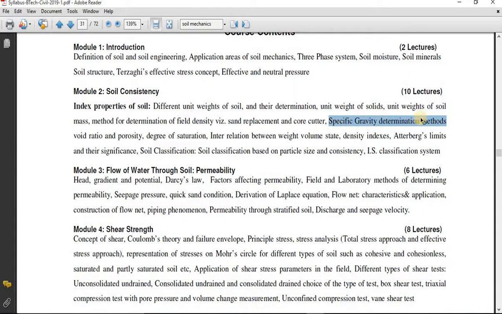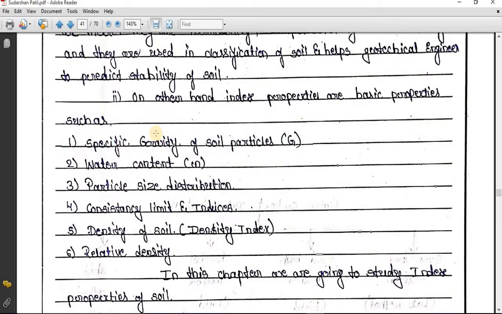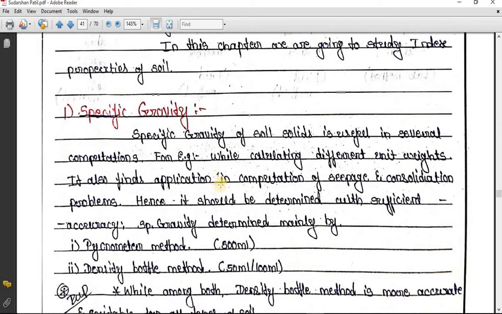So you can see specific gravity of soil and determination methods we are going to study. Okay, so you can see over here specific gravity of a soil. What is specific gravity? You have already studied while studying the basic properties. So specific gravity of soil solids is useful in several computations.